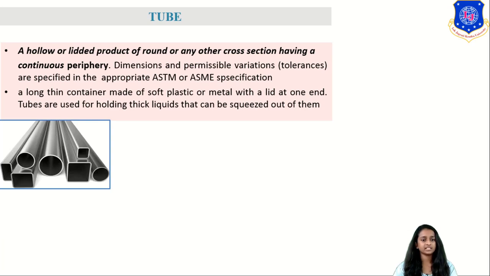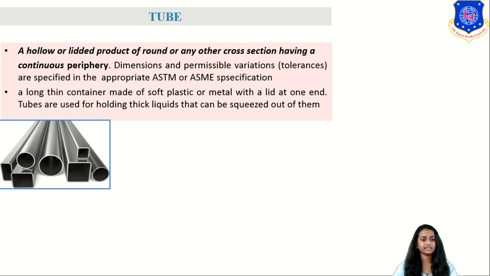Dimensions and permissible variations are specified in the appropriate ASTM and ASME specifications. ASTM stands for American Society for Testing and Materials and ASME stands for American Society of Mechanical Engineers.